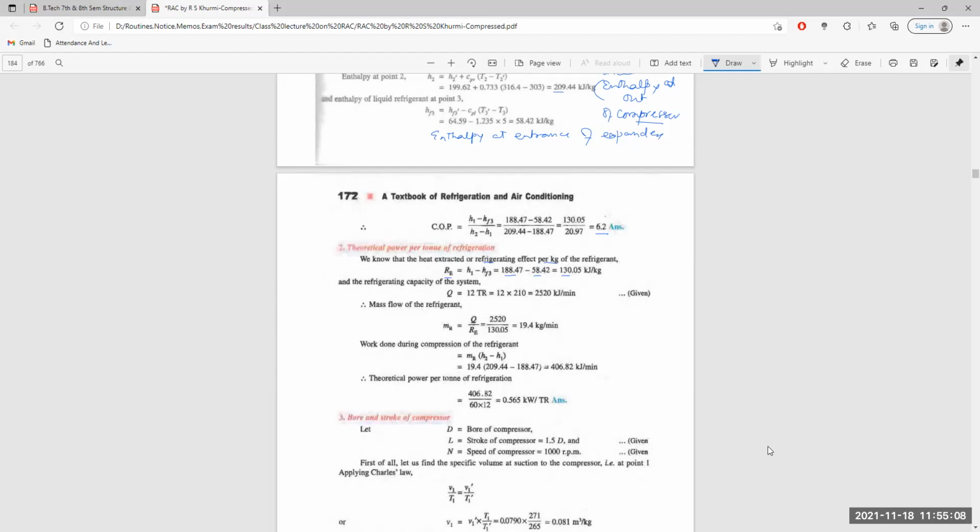Yes, we have 12 tons of refrigerating capacity.